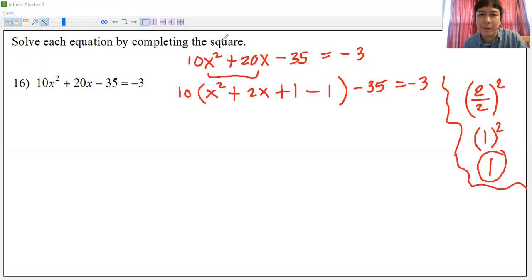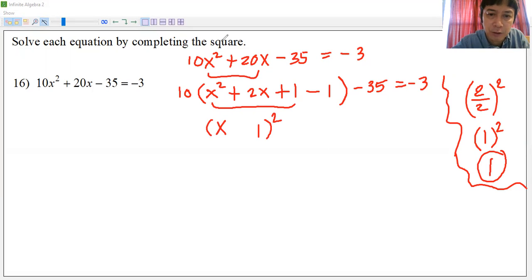You know what to do when you reach this part. These three terms here will be converted to a binomial squared, like that. The first term is just the square root of x squared. The second term is the square root of 1, which is just 1. And then the sign here is, of course, the sign of the 2.